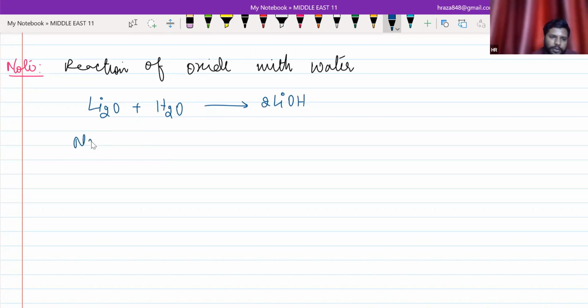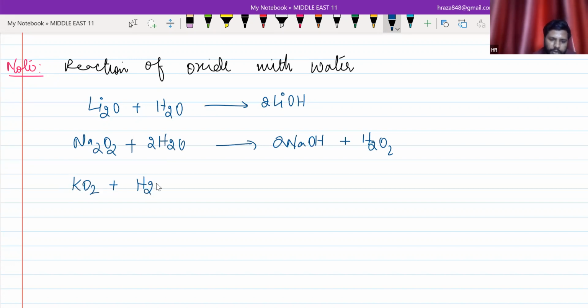And if it is peroxide, that means Na2O2, it will react with 2H2O to give sodium hydroxide along with hydrogen peroxide. And what about superoxide? If it reacts with H2O, it will give potassium hydroxide with O2 and H2O also. Please write it.